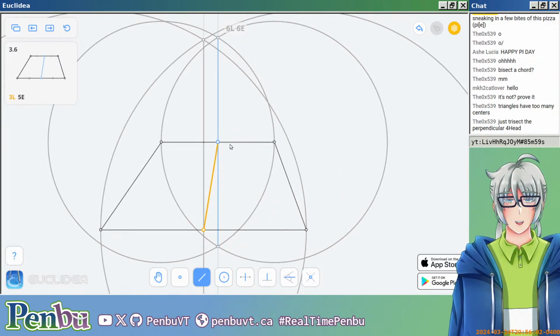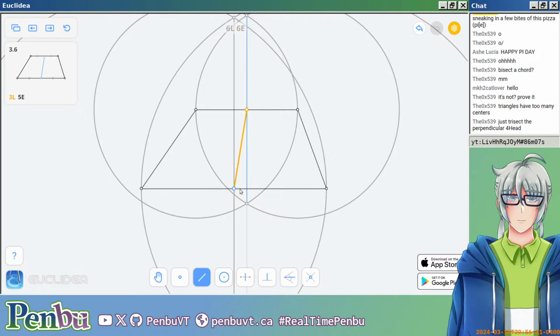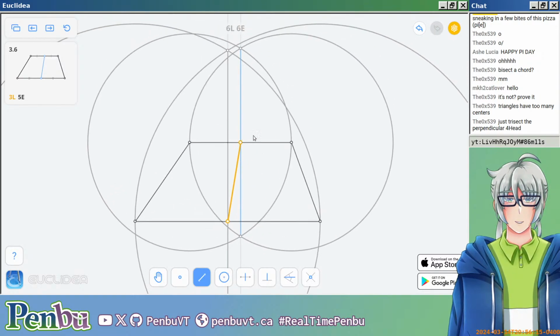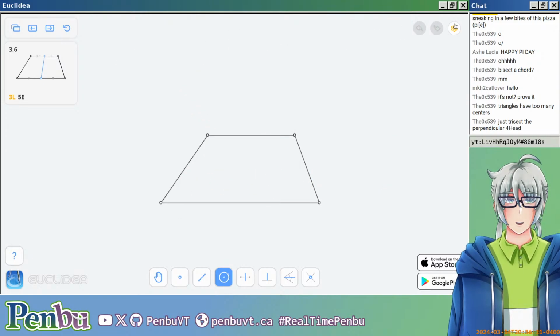How do we get this point? We know that this is the center point. Well, how do you get that without bisecting it, though? And then what is this? Okay, I'm gonna restart that, go back into here.